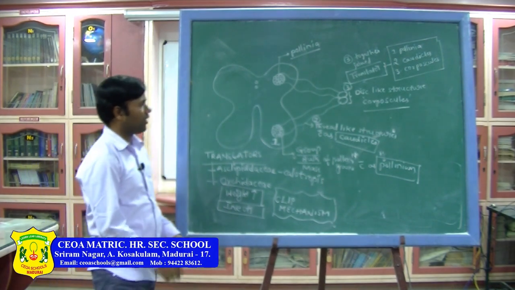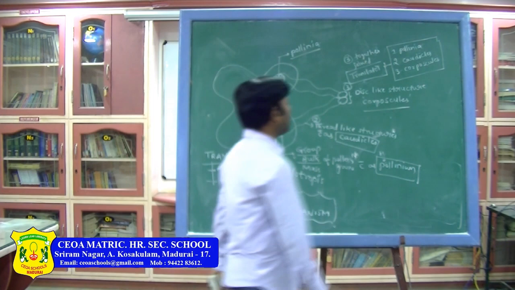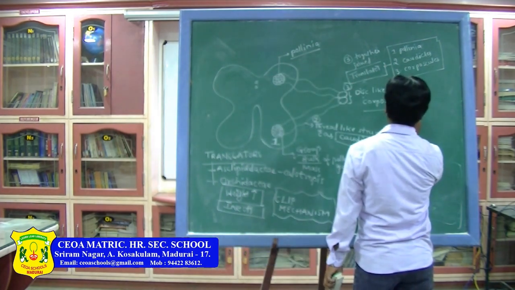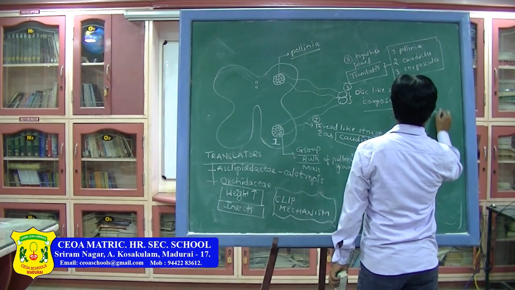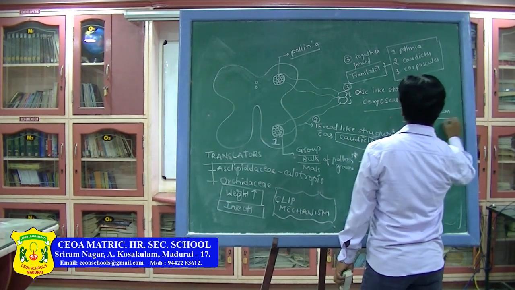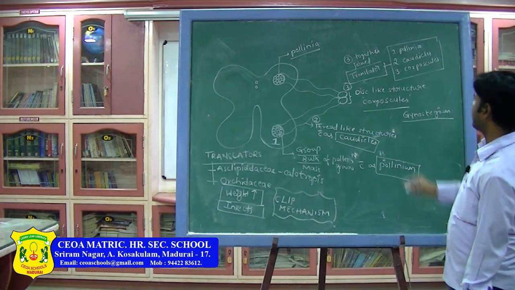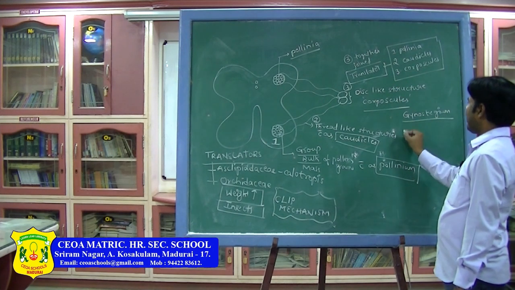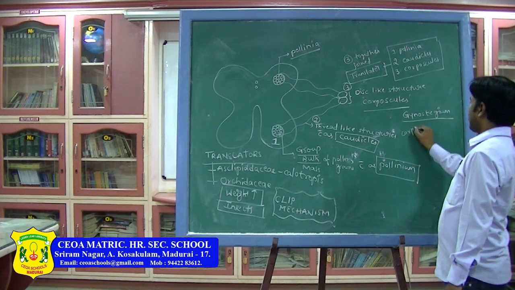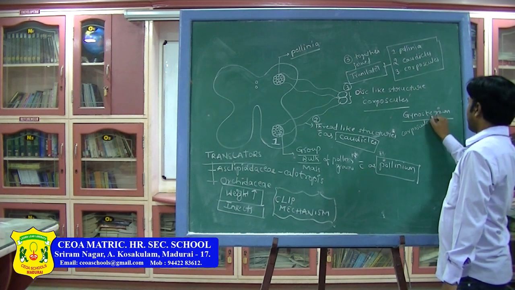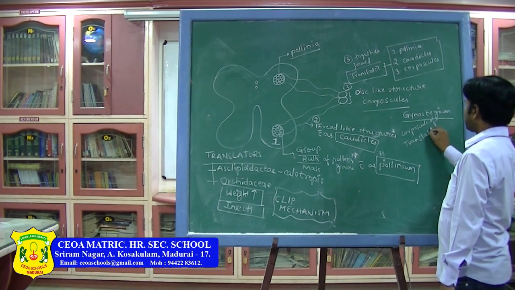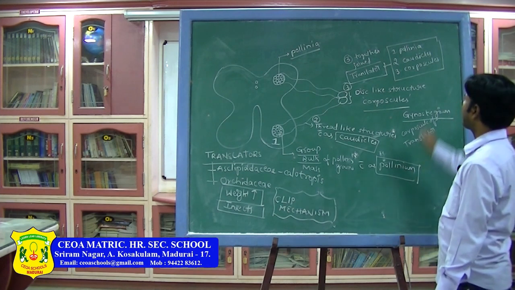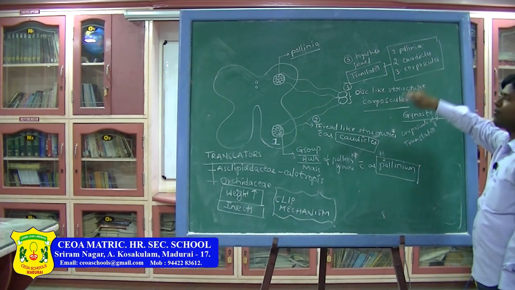And one more important term I am going to explain, that is gynostegium. What is gynostegium? Translator means you must remember three terms: pollinia, caudicle and corpuscle.